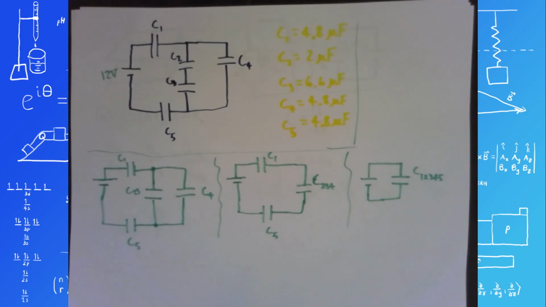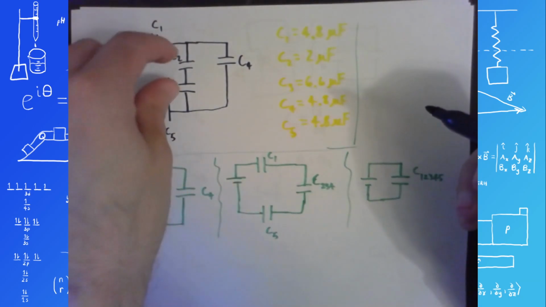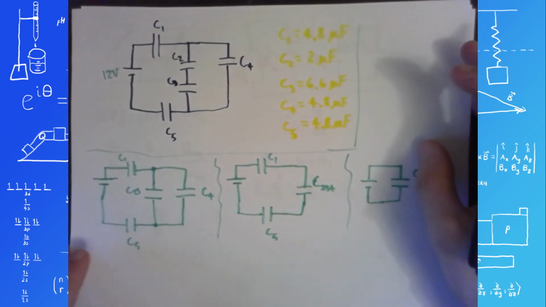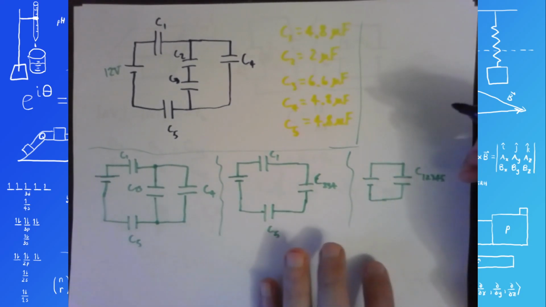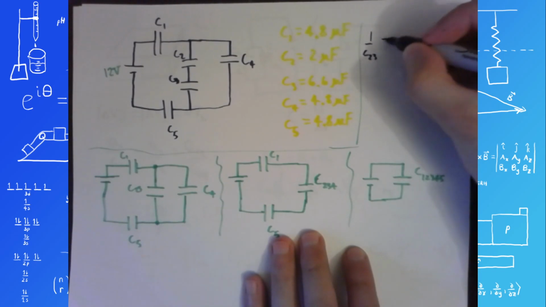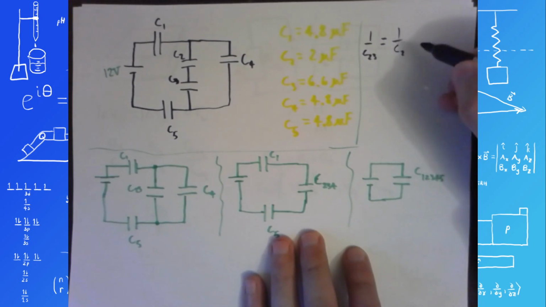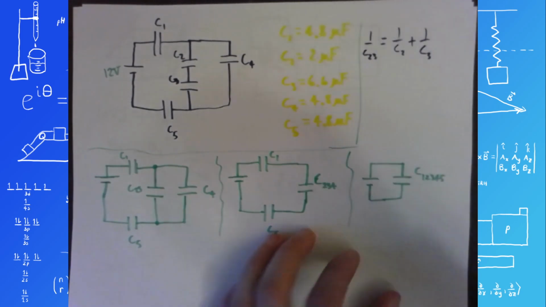Okay, now we actually need to calculate these. So, first thing we did was combine C2 and C3 in series. Adding capacitors in series, we do 1 over C23 equals 1 over C2 plus 1 over C3.